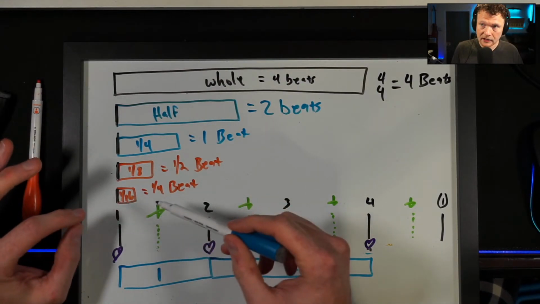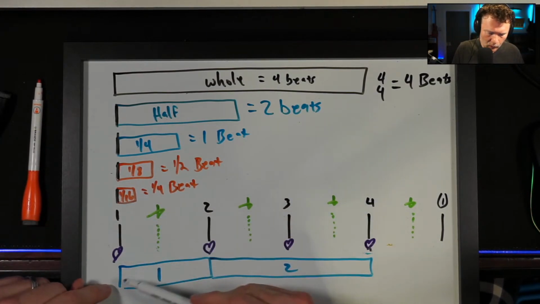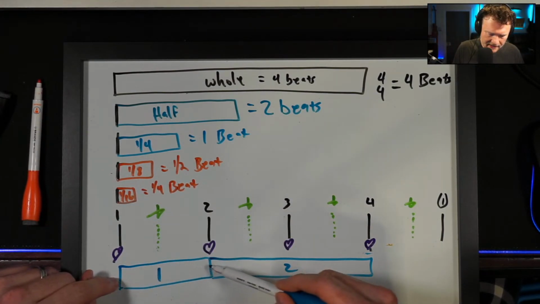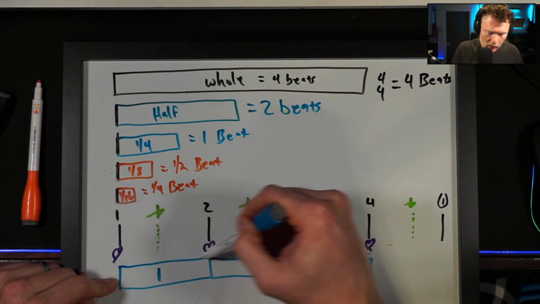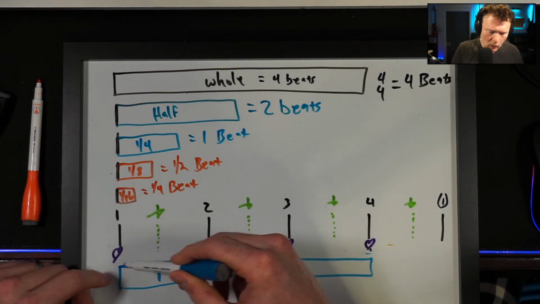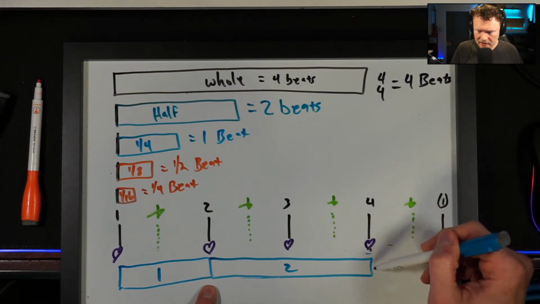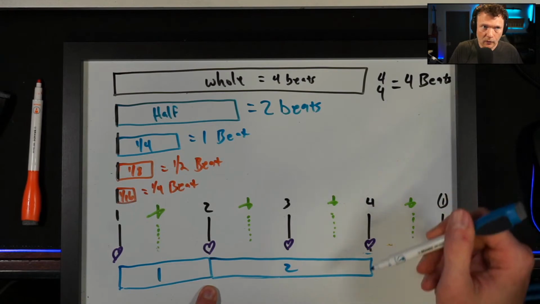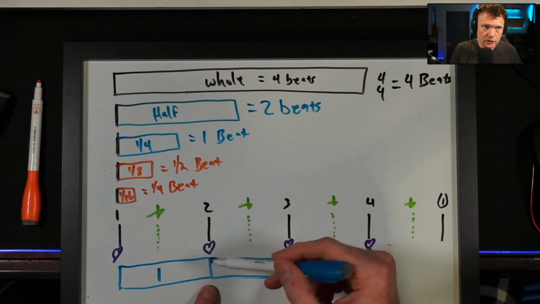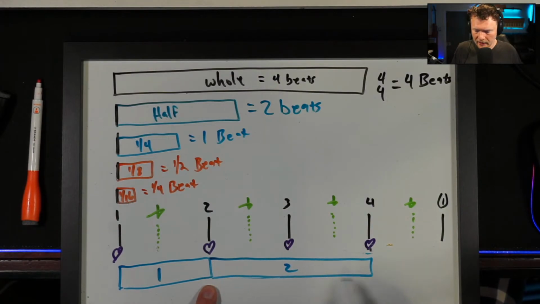Again, you see it here where you've got 1, 2. The 1 only takes up this space. By definition, the next one is going to land on a 2 because this took up all of the 1. Now how many spaces is this taking up? This is taking up 2 spaces. So the next beat, no matter what I draw here, is going to land on 4. So we have 1, 2, 3, 4. You'd hold this note out for 2 beats.